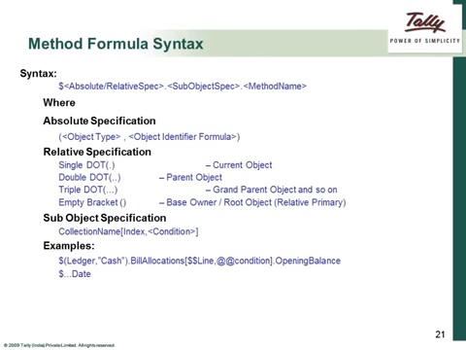Now the moment you go to the sub object, the sub object identifier becomes its number: 1, 2, 3, 4, 5, 6, 7, 8. So that is an object identifier you need to specify. Comma, the condition if required, as there are criteria that you could have. Close square bracket, dot, the opening balance.